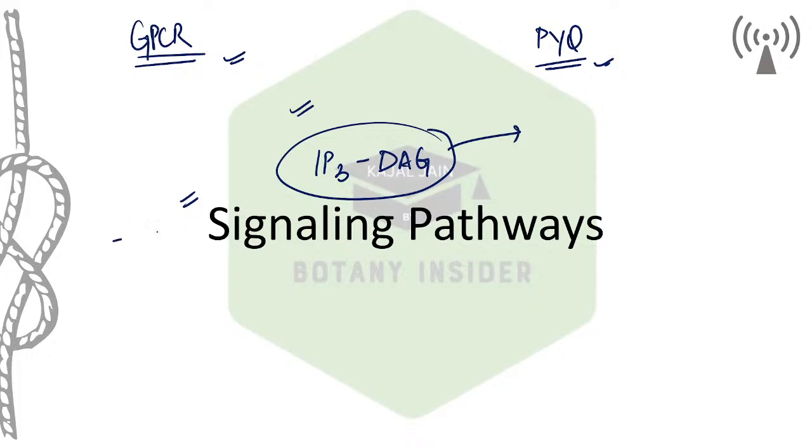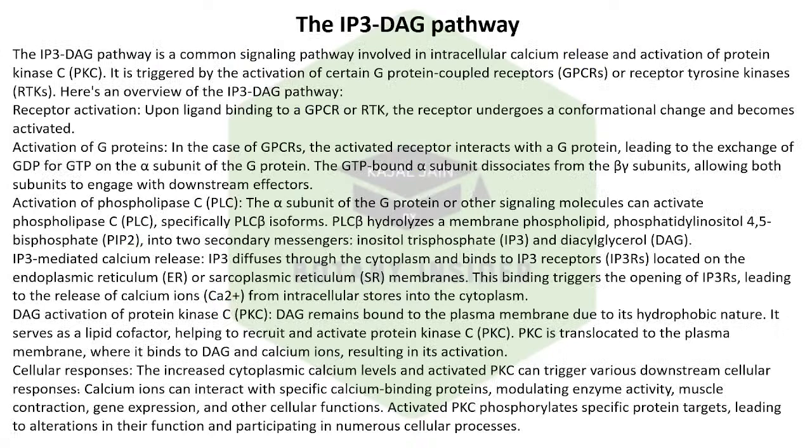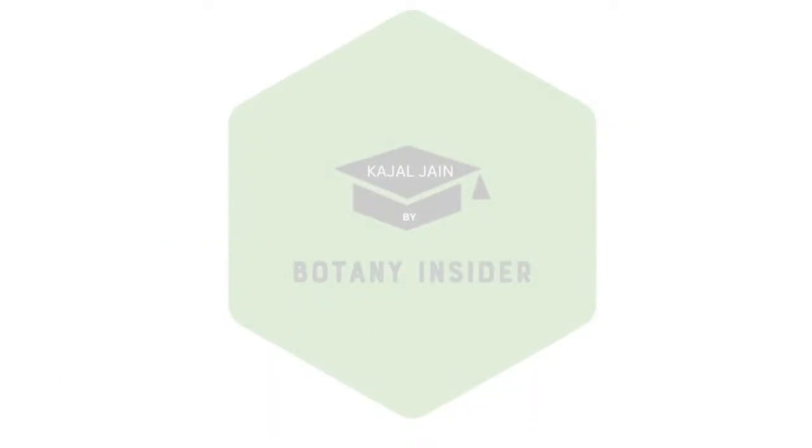In the IP3-DAG pathway, the first thing to understand is the type of receptor utilized here. The receptor used here is GPCR itself. What are the various functionalities of GPCR? Let's recall that. Yesterday we had a discussion: what is GPCR all about?